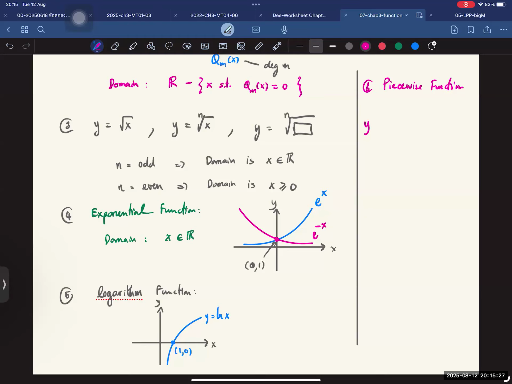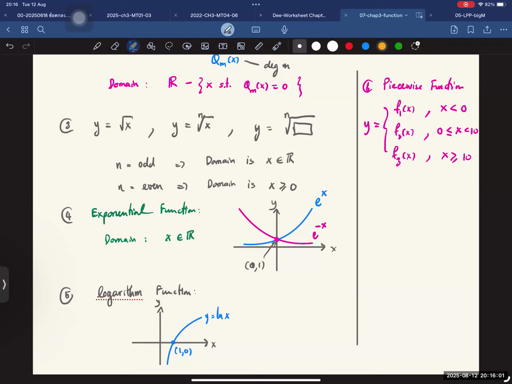For example, y equals f1(x), f2(x), f3(x). So y takes f1 when x is less than 0, y takes f2 if x is between 0 and 10, and y takes f3 if x is greater than or equal to 10.